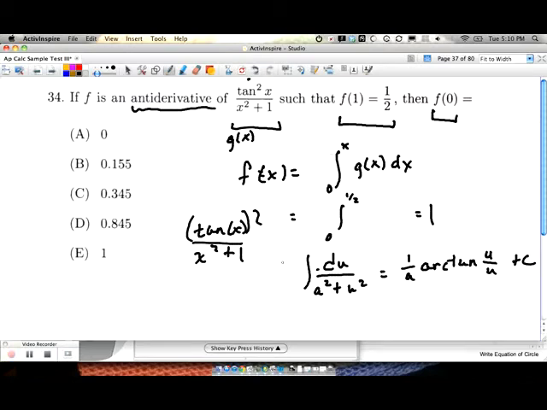So what I'm looking at here is that if I have tangent in x squared plus 1, no, I think I'm actually going to have to come back to this one.